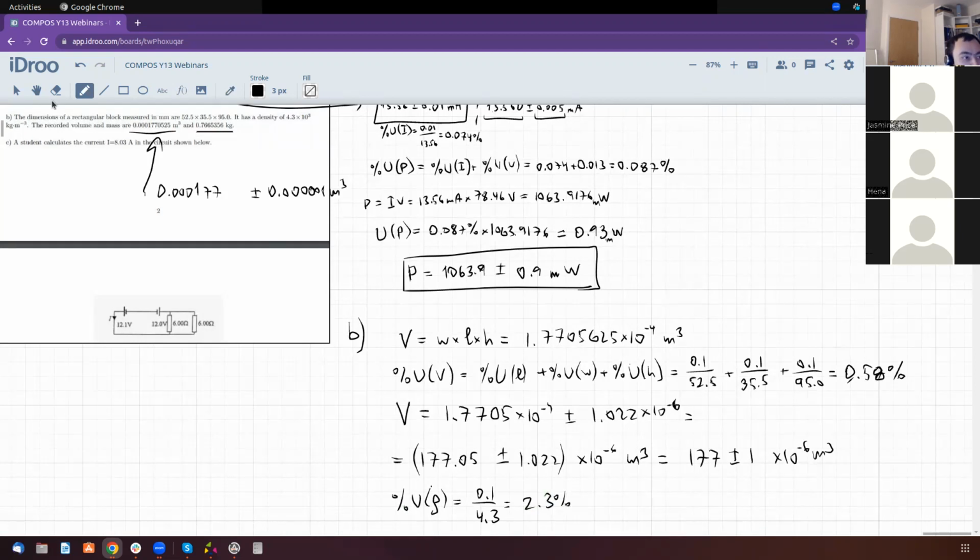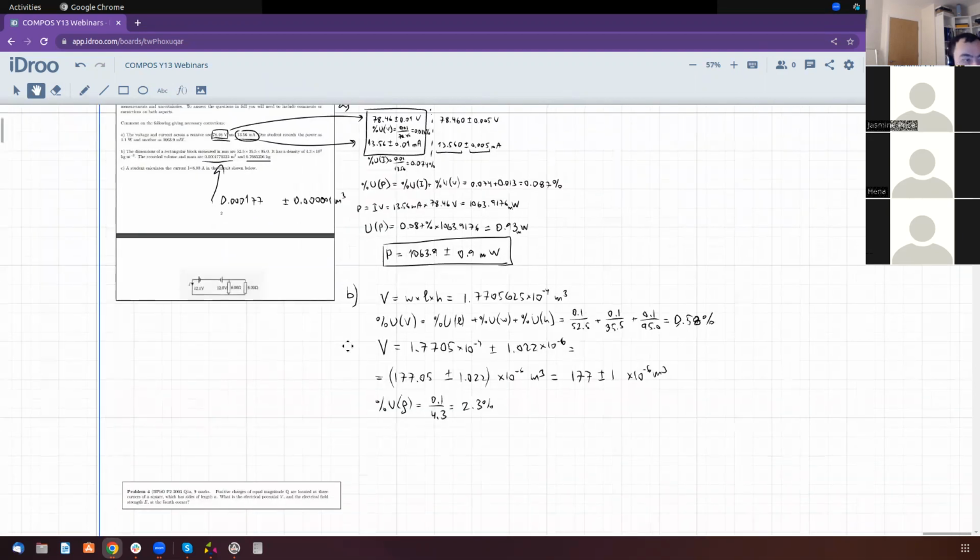So the percentage uncertainty in mass is 2.3% plus 0.58%. So that's 2.91%.